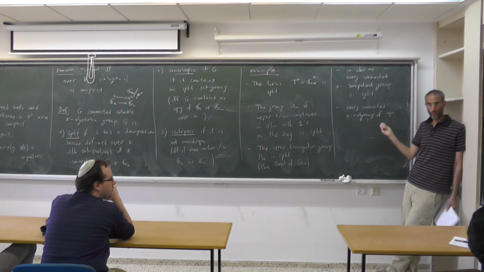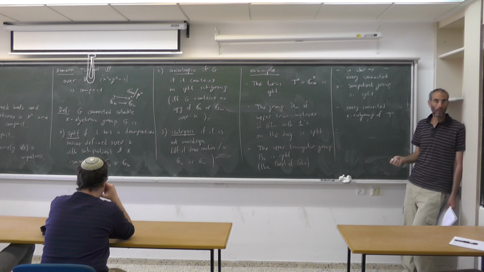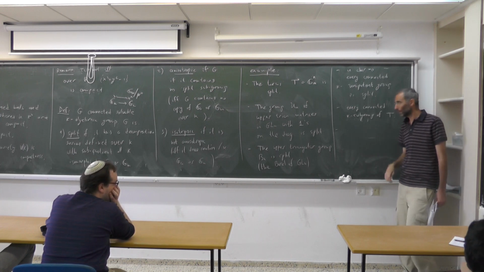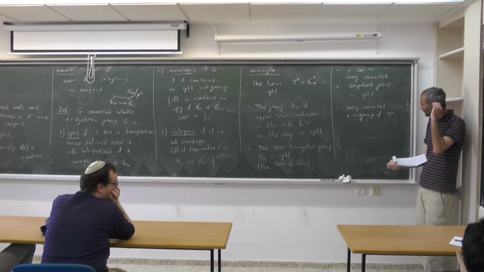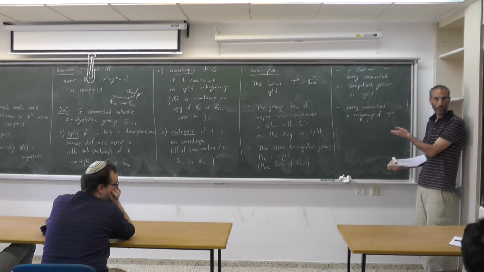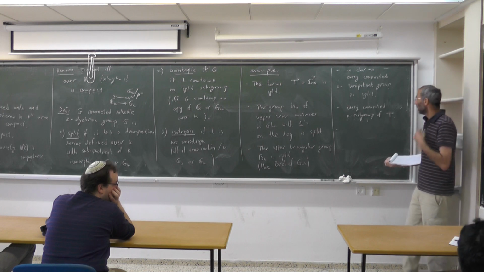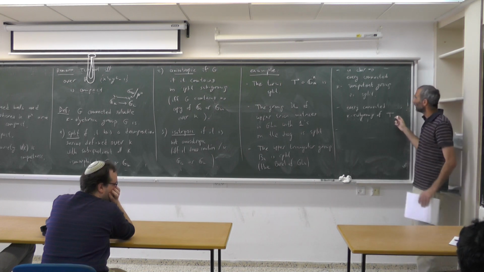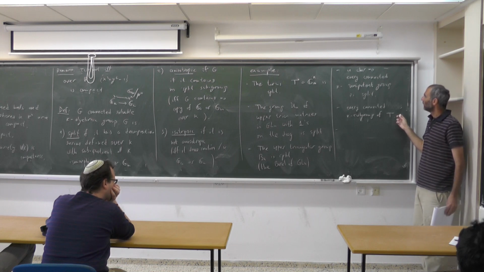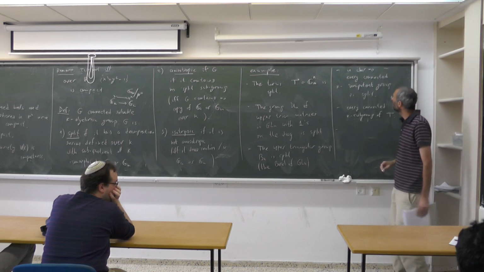The functor that carries one to the other is the functor of characters. Characters on a torus form an abelian group. It's like Pontryagin duality, right? Which is valid in this category. Okay, let me move on.